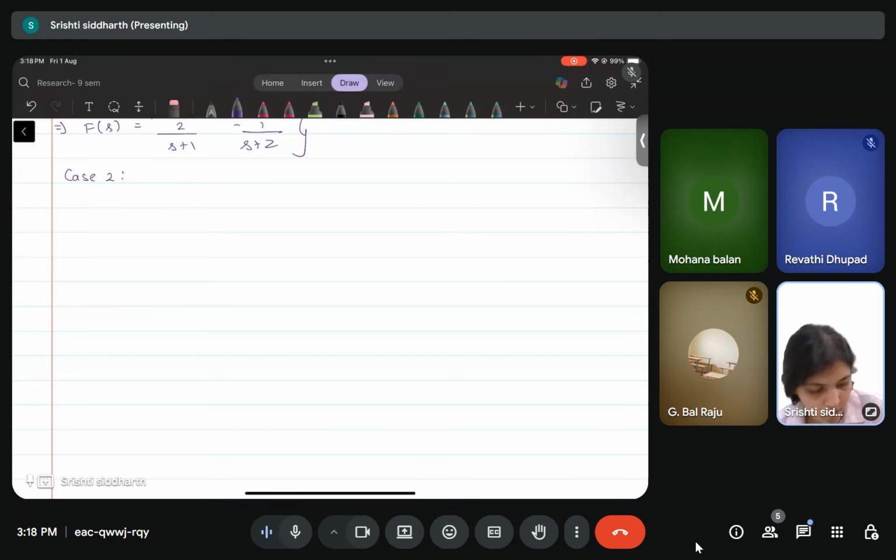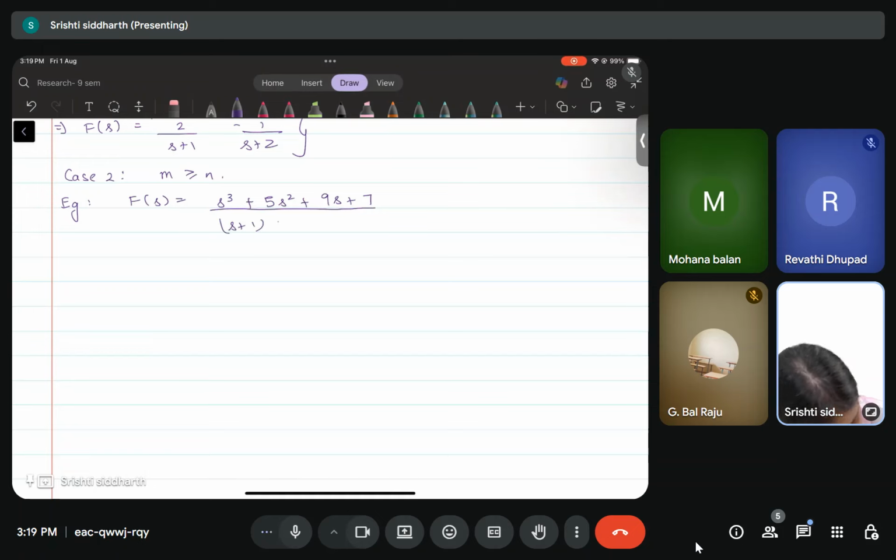Alright, so now let's look at the next case. Case 2 is when m is greater than or equal to n. Let's see an example. F(s) is given by (s cube plus 5s square plus 9s plus 7) over (s plus 1)(s plus 2).